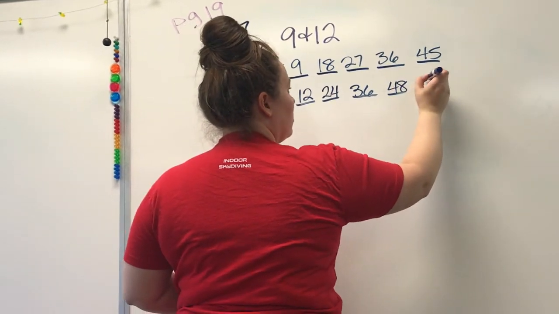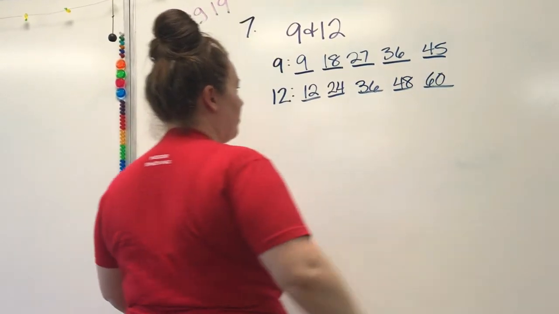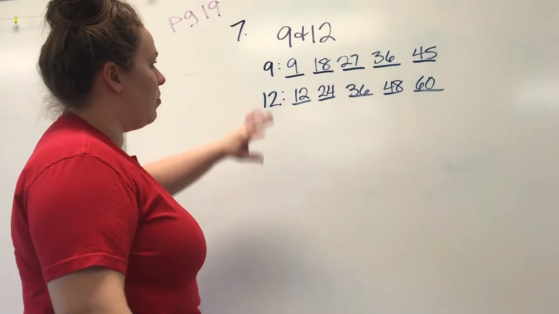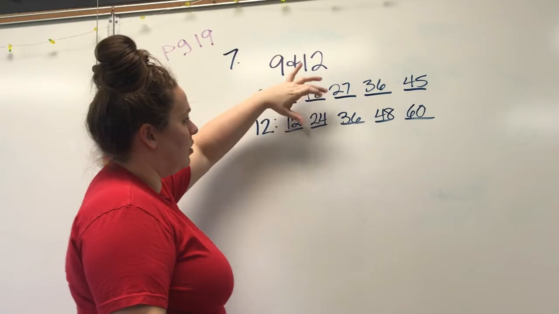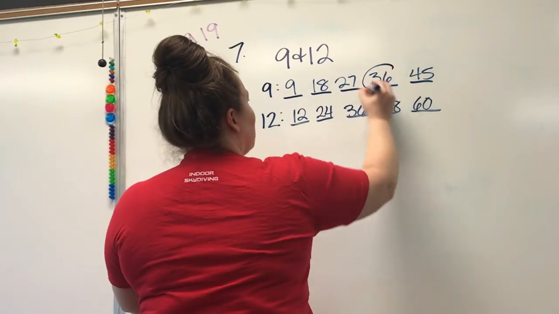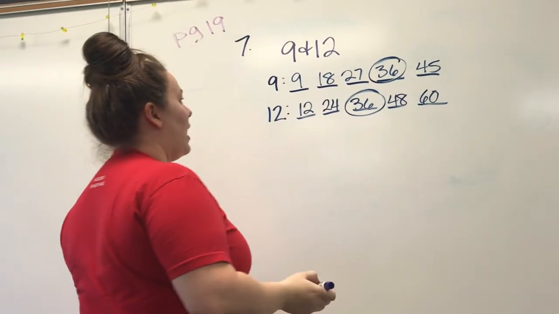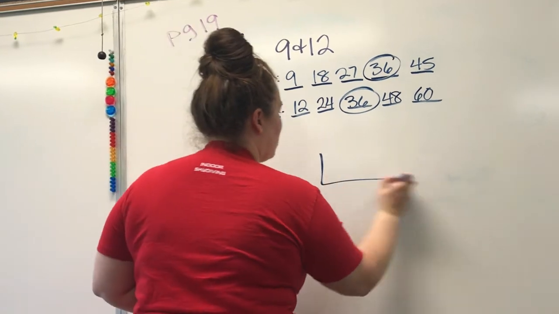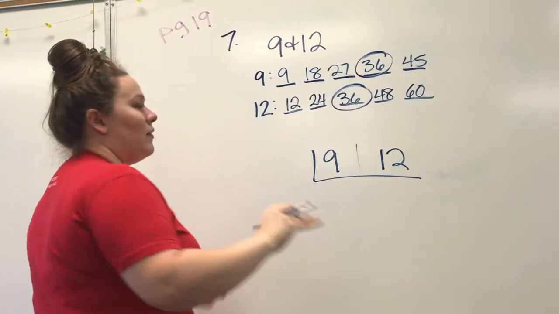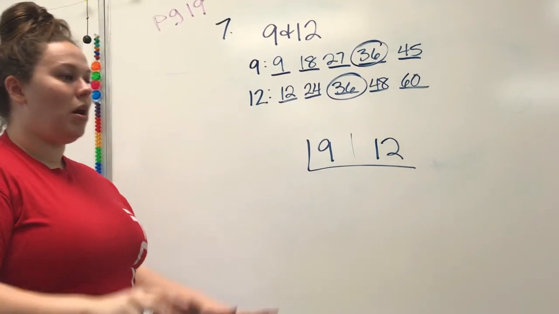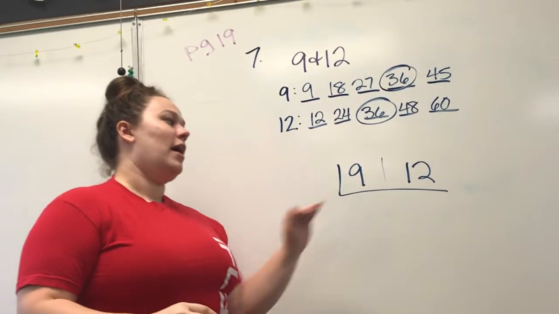Sorry. All right. Do we see a number that they both have in common? Do they have 12 in common? 9, 3, 24. I see 36 is something that they have in common. I'm going to check it on the division house. Do 9 and 12 have a factor or a smaller number that both of these have in common?